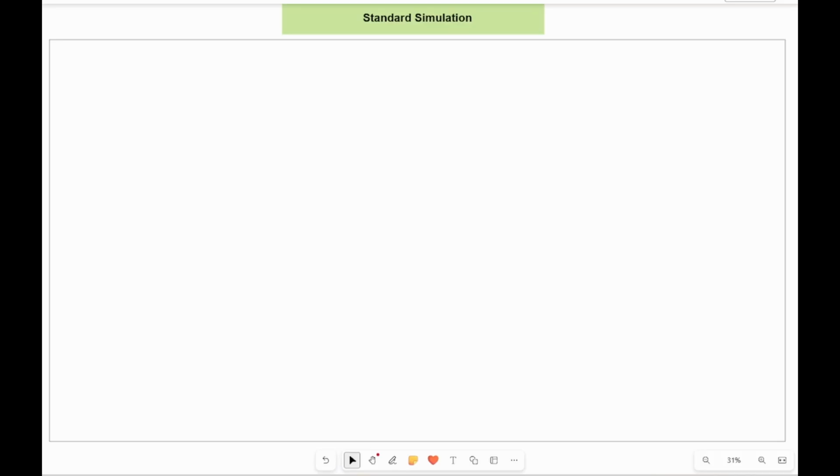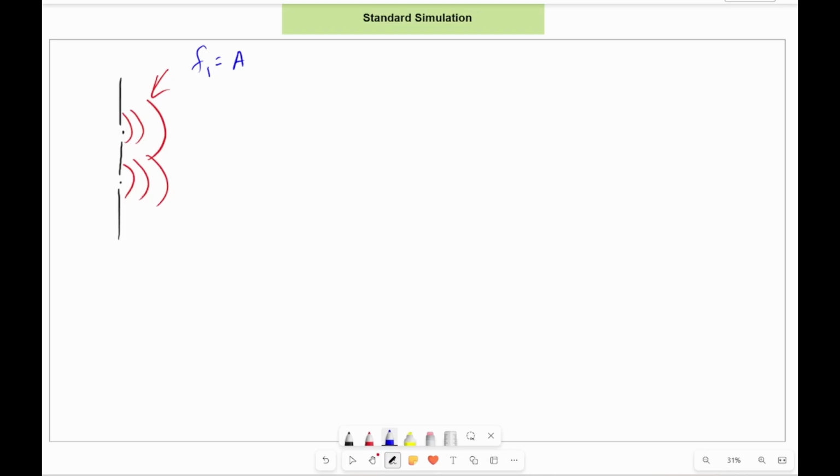So the easiest way to simulate the double slit experiment is to basically, we have a slit and we're going to create two sources of wave-like behavior, and both of these, so basically F1 is going to be equal to some sort of amplitude.